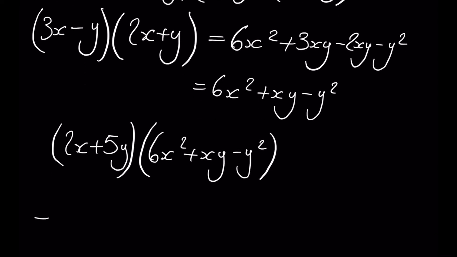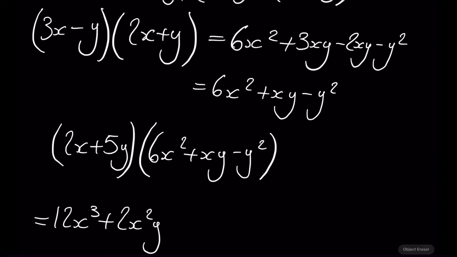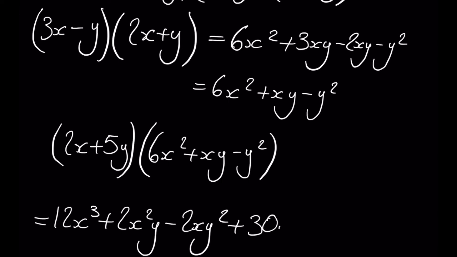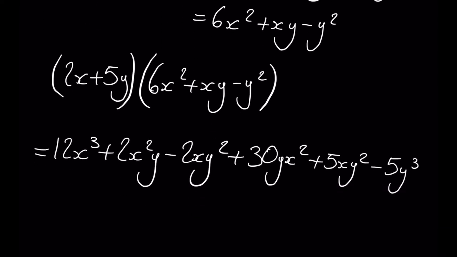Then expanding this gives 12x cubed plus 2x squared y minus 2xy squared plus 30y x squared plus 5x y squared minus 5y cubed.